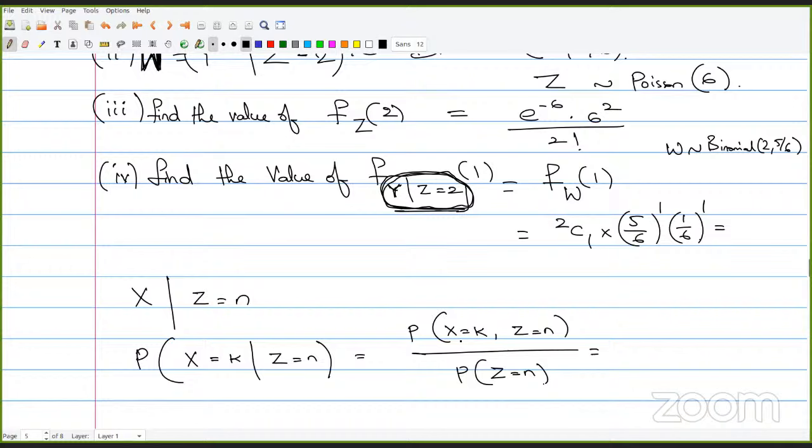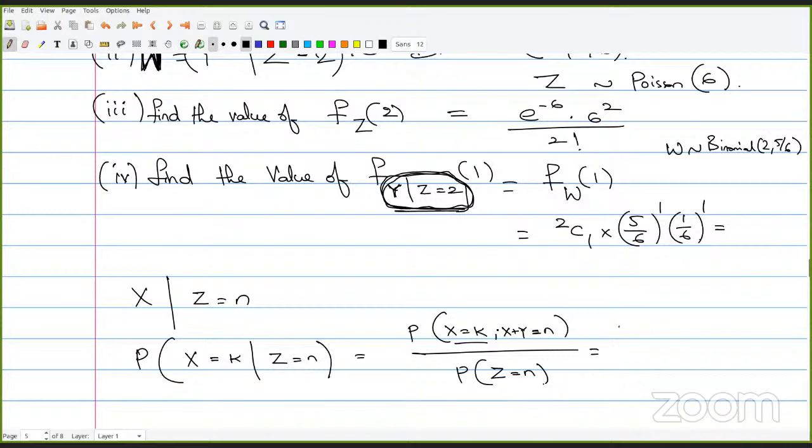Now X takes k, and Z is nothing but the sum X plus Y taking n.